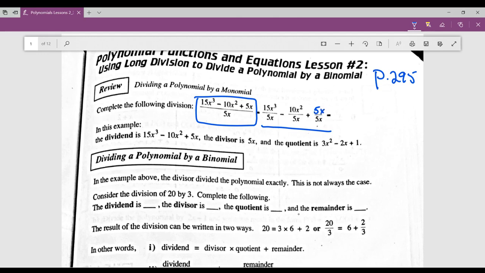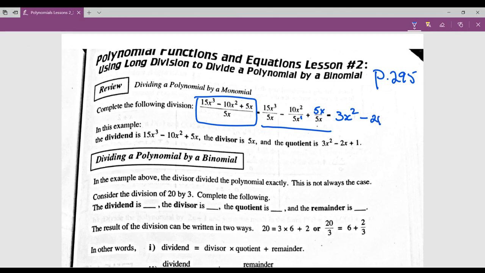This simplifies: 15 over 5 is 3, x cubed over x, subtract the exponents, and you get x squared; minus 10 divided by 5 is 2, x squared over x to the 1, subtract the exponents, and you get x; and then 5x over 5x is 1. So when you have a single denominator, you can just do that.